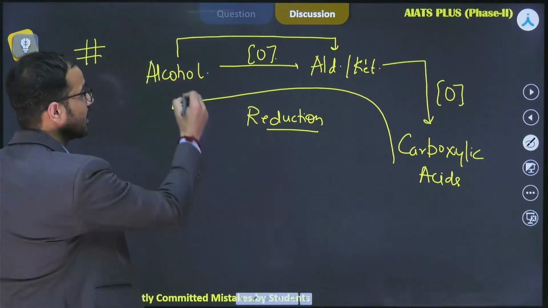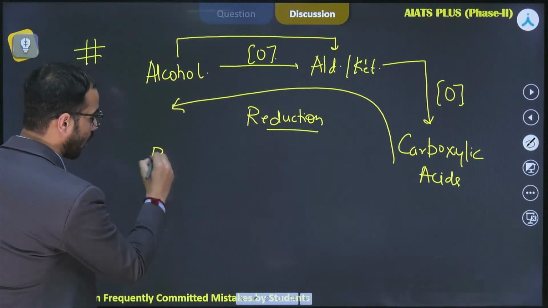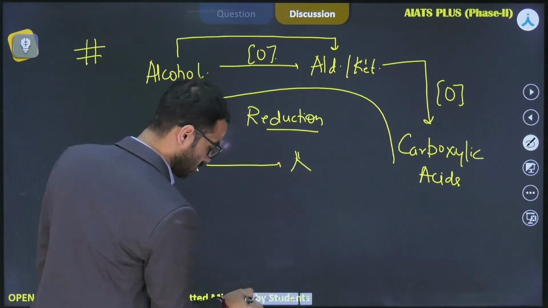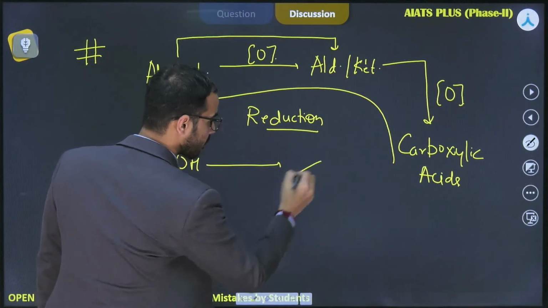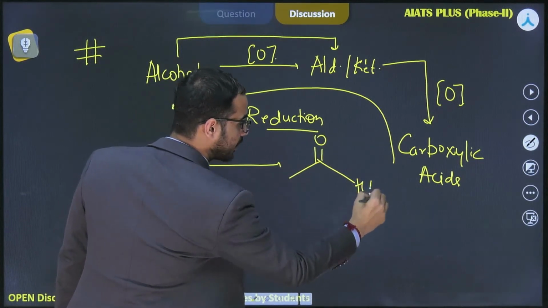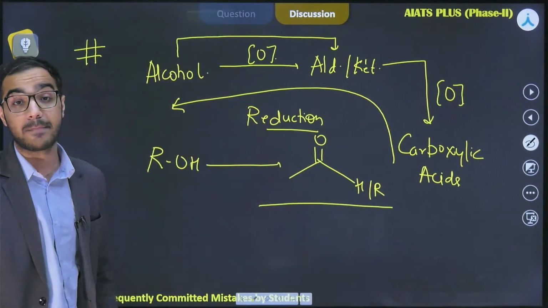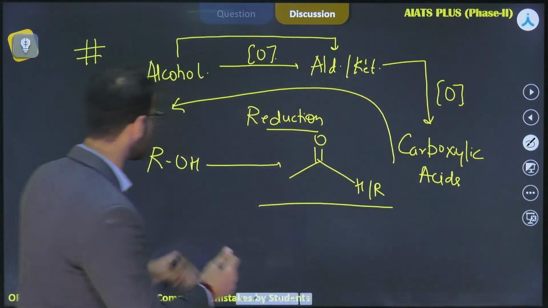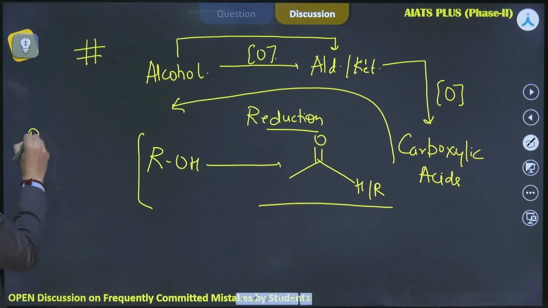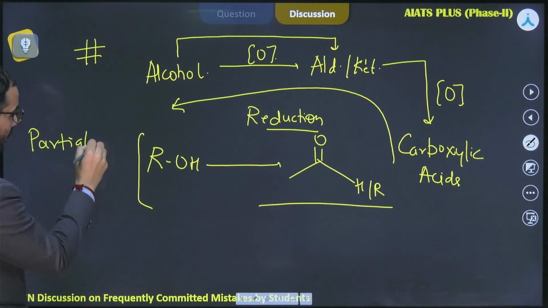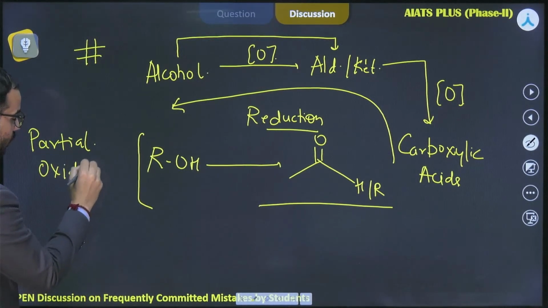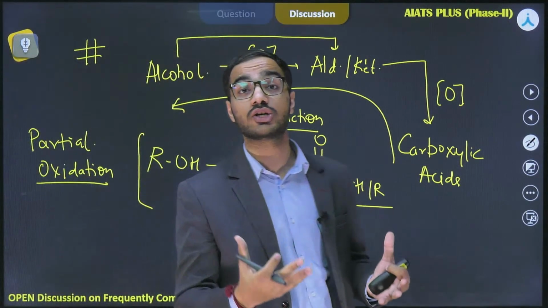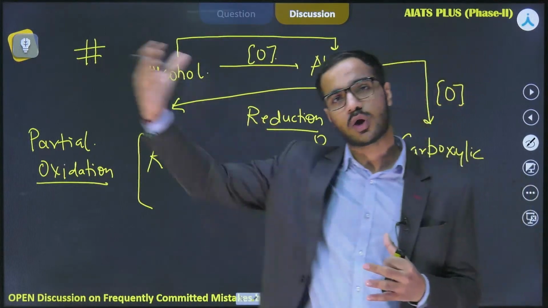So we can say that the conversion of alcohol to aldehyde or ketones is not an easy method, not an easy way to deal with. We can say that this is partial oxidation.